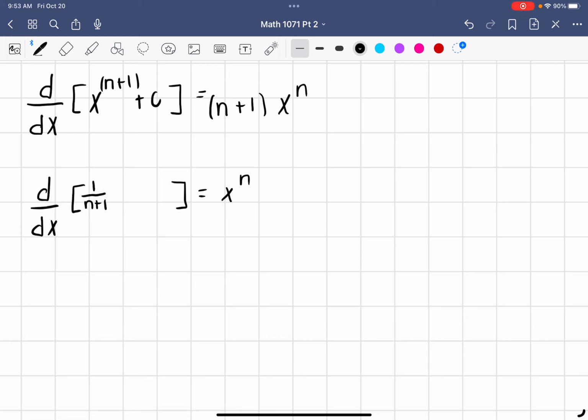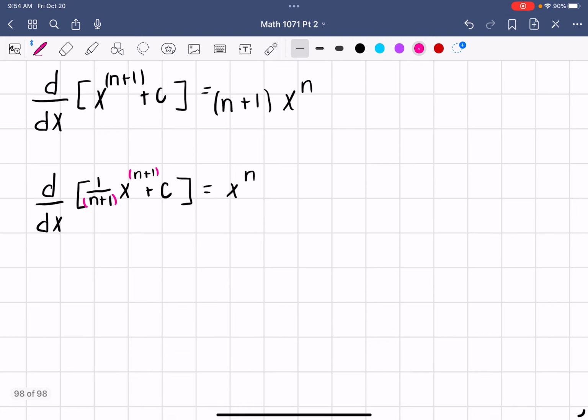If I wanted x cubed as my derivative, the pre-derivative has to be what? Well, it's got to be x to the fourth. But if I don't want the 4 there as a coefficient, I need a coefficient of 1/4 here. Does this make sense? You see, this is nothing more than your power rule backwards. This is your old power rule backwards.